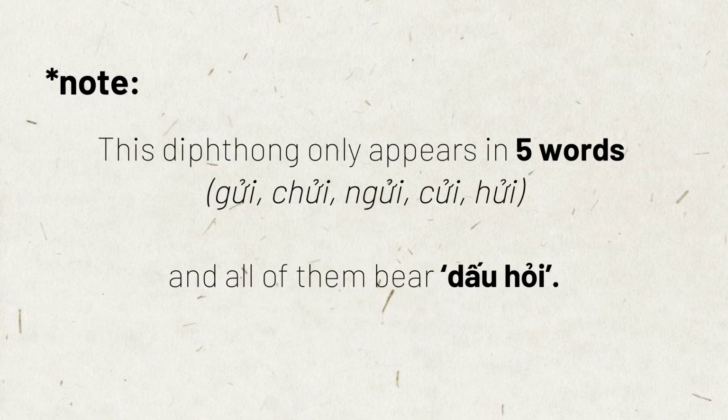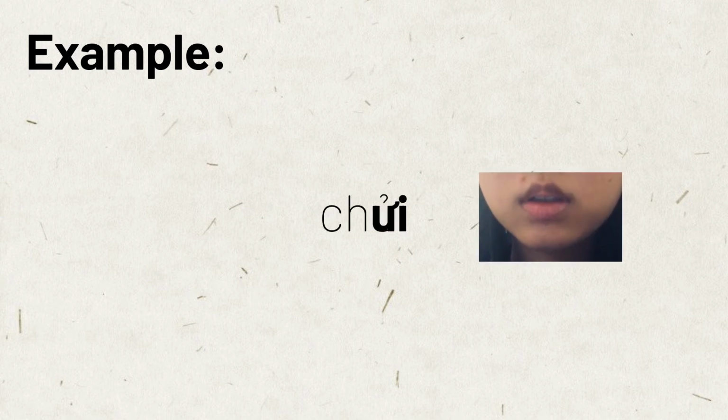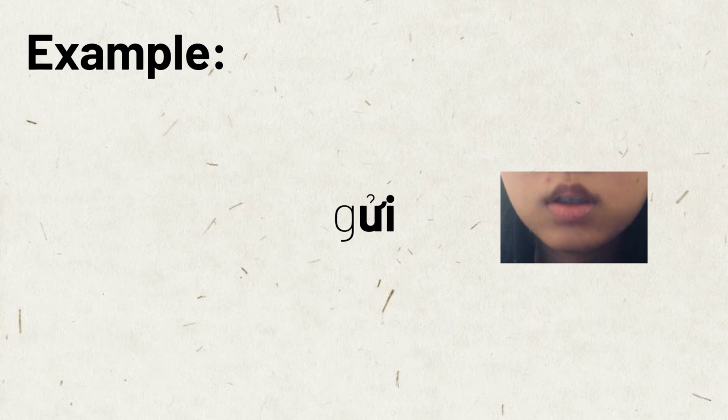This diphthong only appears in 5 words and all of them bear dấu hỏi. So you better master this diphthong with dấu hỏi, because that's the only tone that goes with this diphthong. Here are some examples. Ưi, chửi. Ưi, gửi.